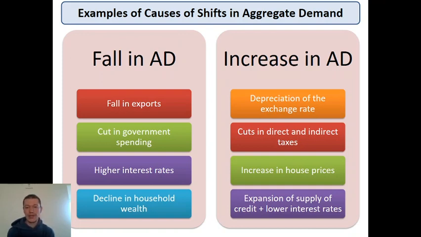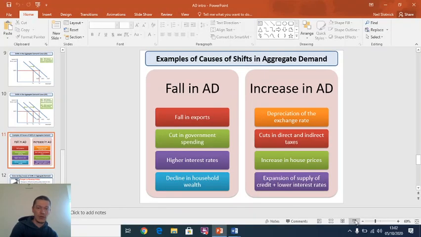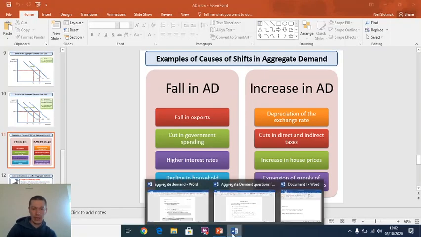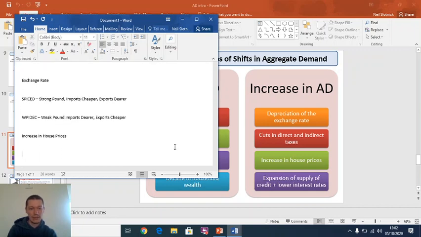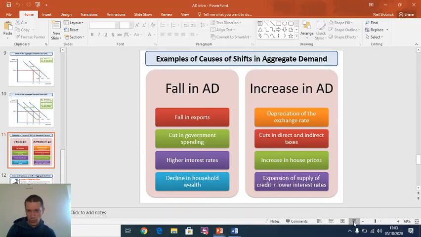Increase in house prices. Okay, I'm going to write this one down for you as well on our little kind of tracking sheet. I'm going to post this up on Classroom as well. The third thing with an increase in house prices is something called the wealth effect. What is the wealth effect?